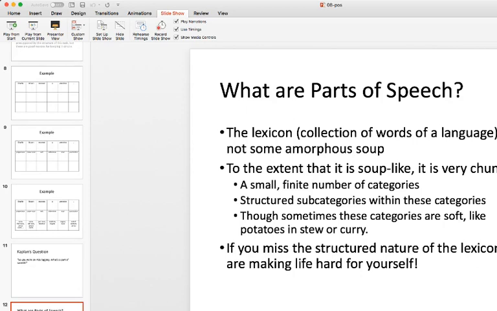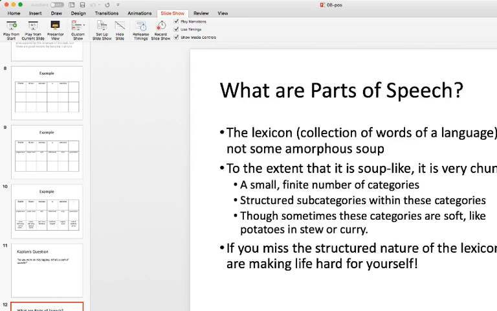Well, you might think that words in a language are all in a big cloud. They're sort of fuzzy. Language is messy, all of that sort of thing. We can't really categorize them. We can just say that some are more similar to others.